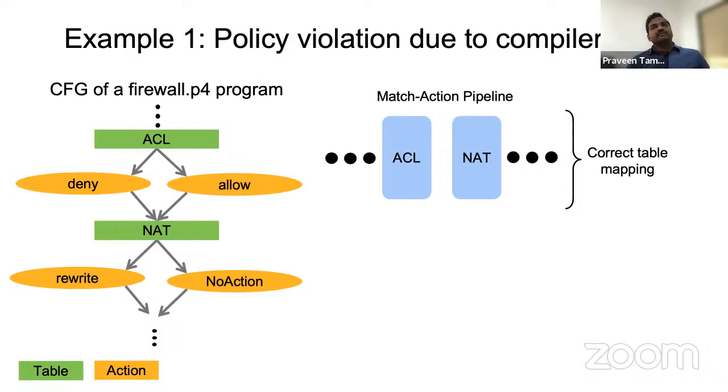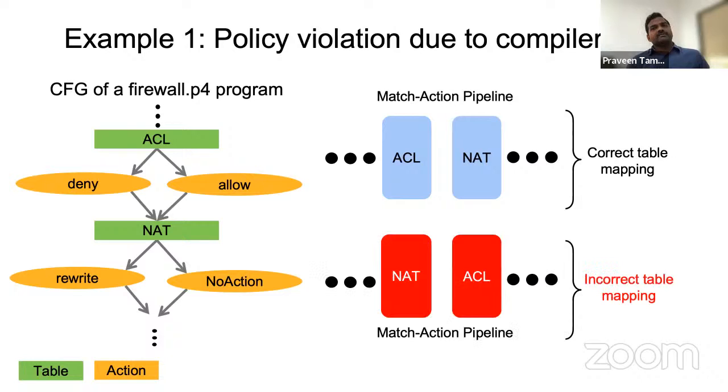But in case the compiler, due to some bugs, places the tables incorrectly, in other words, if the order is reversed, and NAT is applied first and then followed by ACL, then the NAT would translate private IPs to public IP.